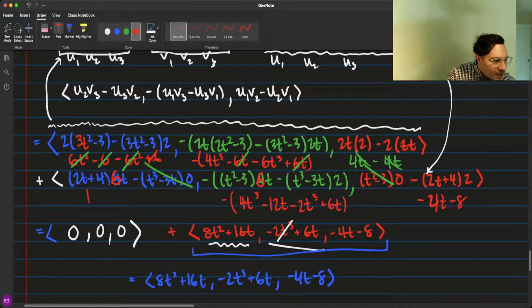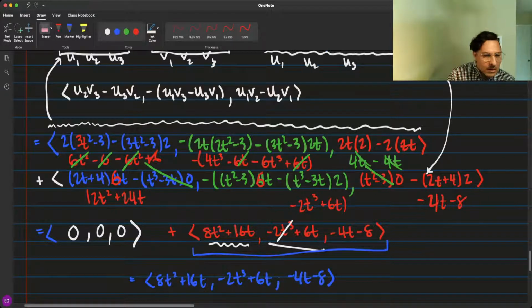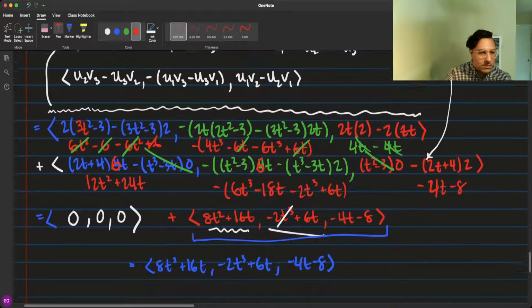You're going to get 12t squared plus 6 times 4 is 24t. Okay, so let's go change this one. You're going to get 6t cubed minus 18t. Cool.